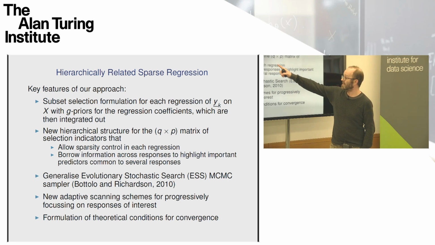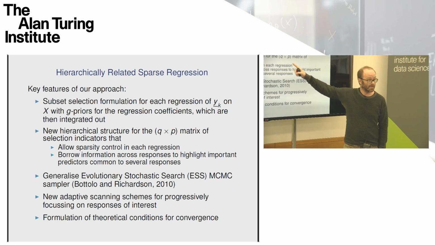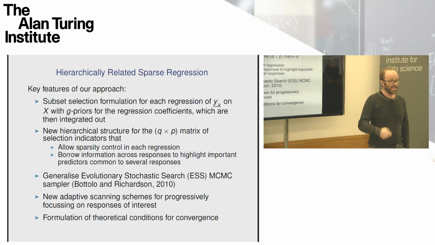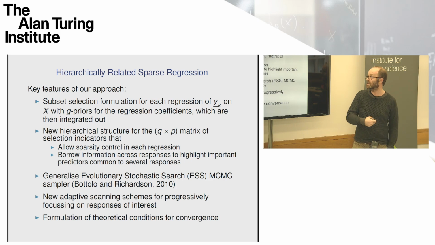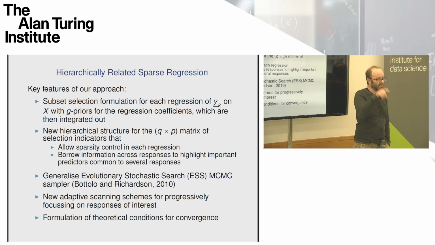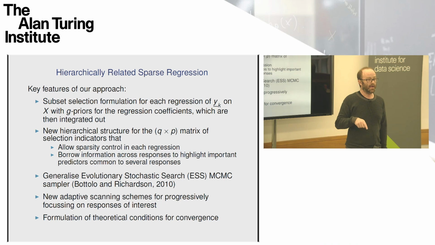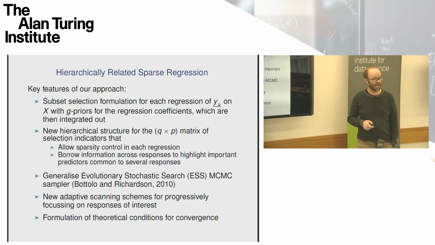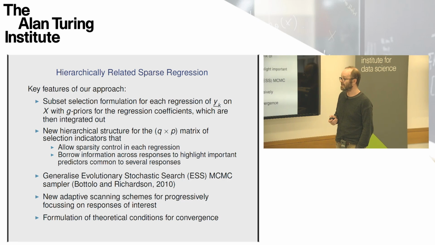In reality, we want to understand the structure of the association, which can be encoded by a matrix of dimension p times q, where q is the number of outcomes and p the number of predictors. If we know this matrix, we can associate every single pair between SNP and gene. In order to understand this and to make inference, we create a Bayesian hierarchical model. I will detail it later on.